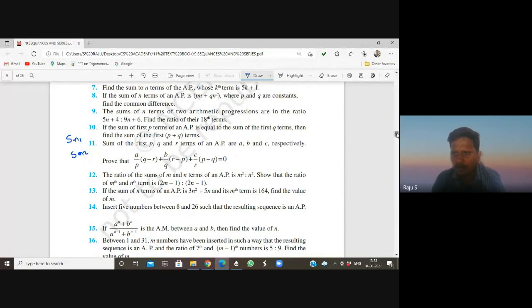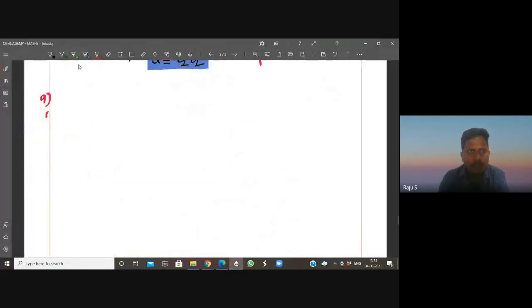See, first the ratio is given. Before that, we have to write the Sn formula. In Sn, we have the first term A and the common difference D.